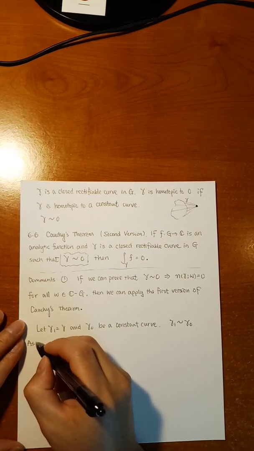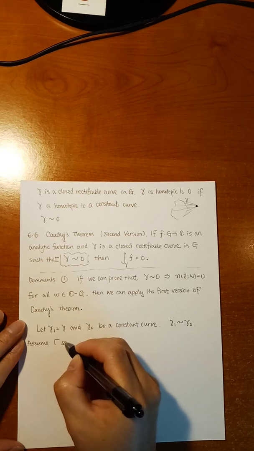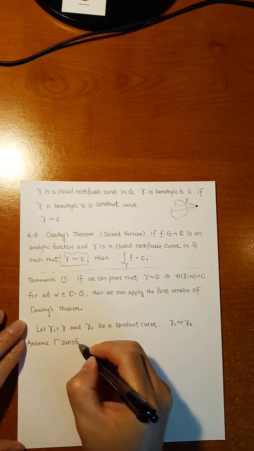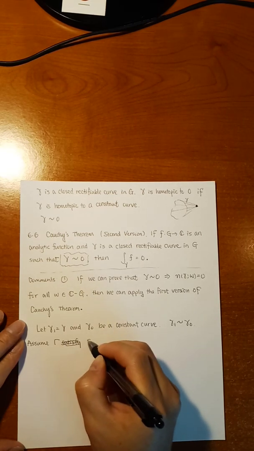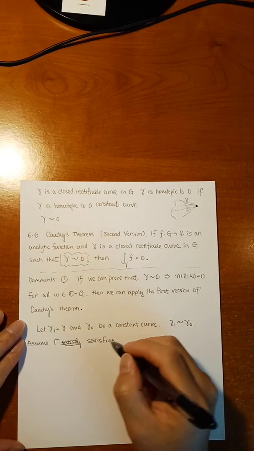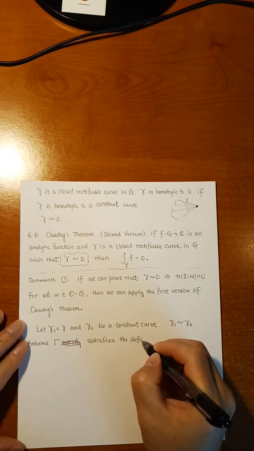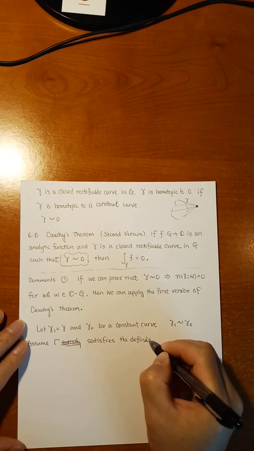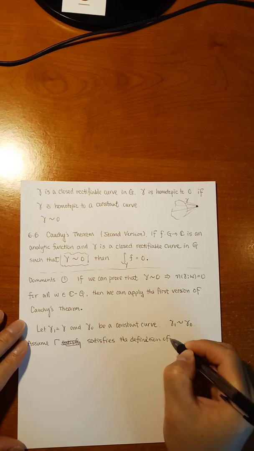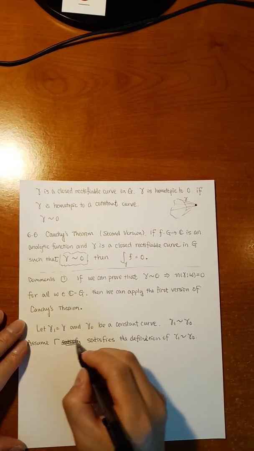Assume capital Gamma satisfies the definition of gamma 1 homotopic to gamma 0.